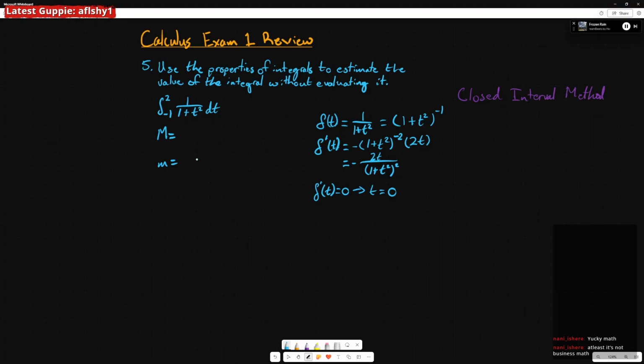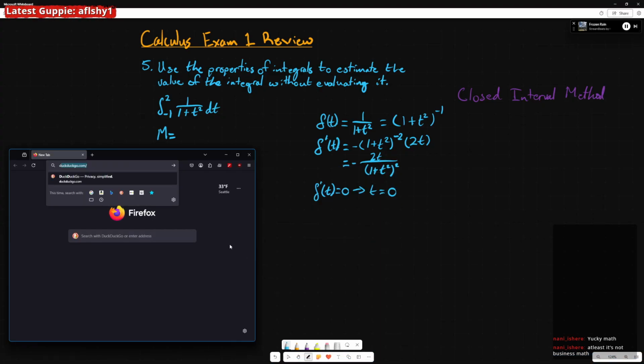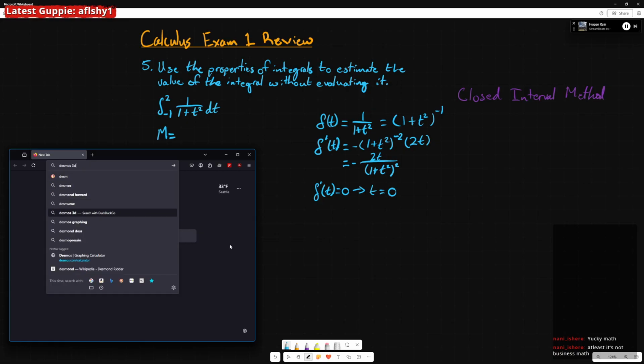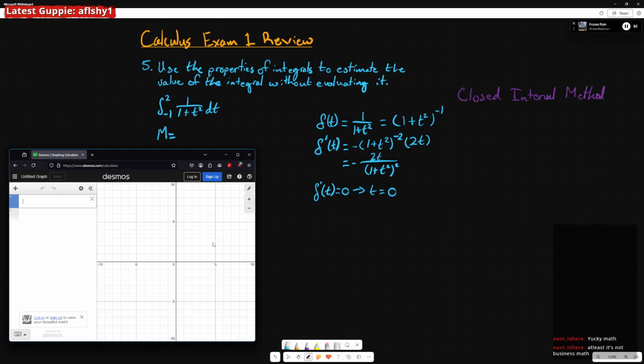So only when t is 0 does f prime of t actually equal 0. And I can pull this up on Desmos to check. f of t is equal to 1 over 1 plus t squared, right?